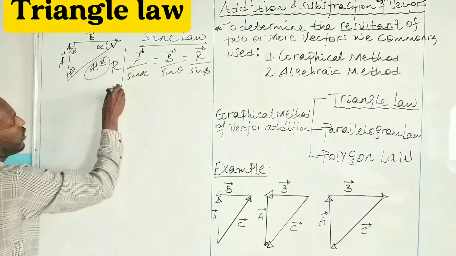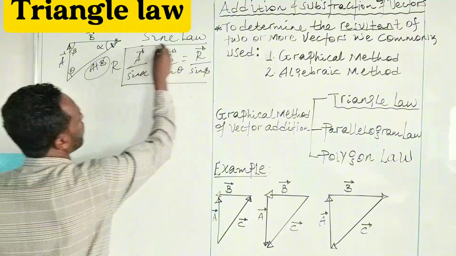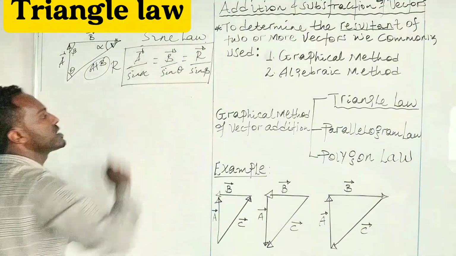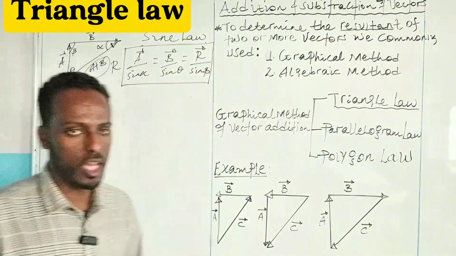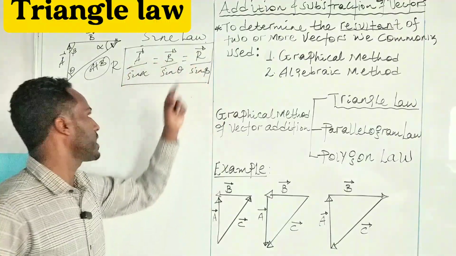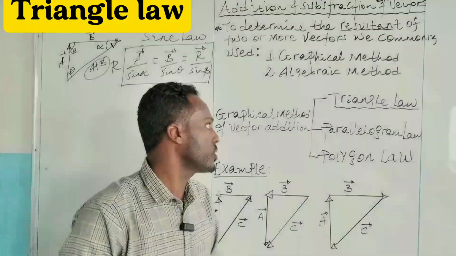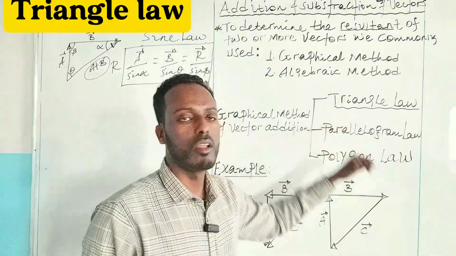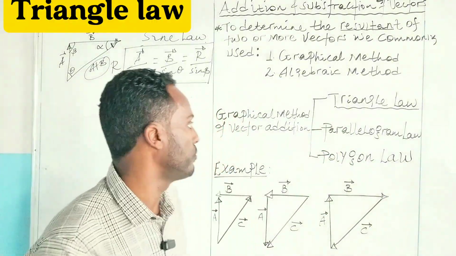So this is all about the sine law. Based on this general formula, you can determine the vectors A and B, the resultant, and also the angles. So this is all about the triangle law of vector addition.